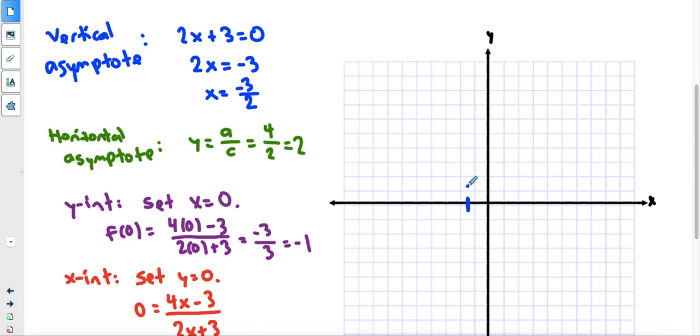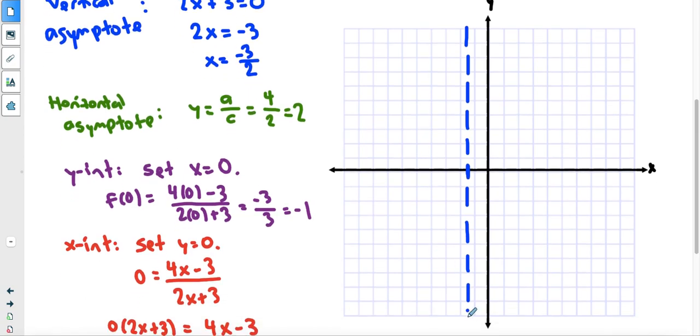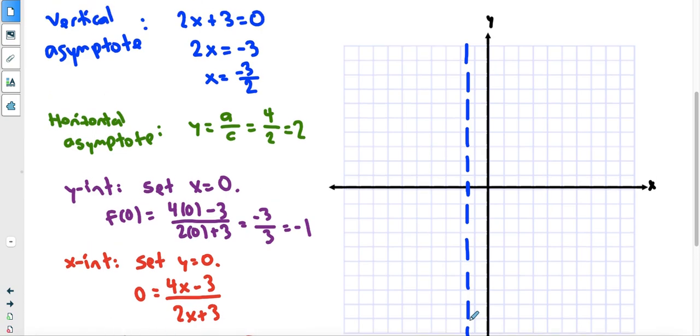So I just need to draw my vertical asymptote here, at x is equal to negative 3 over 2, negative 1.5. And remember, you want to draw your vertical asymptote using a dashed line.